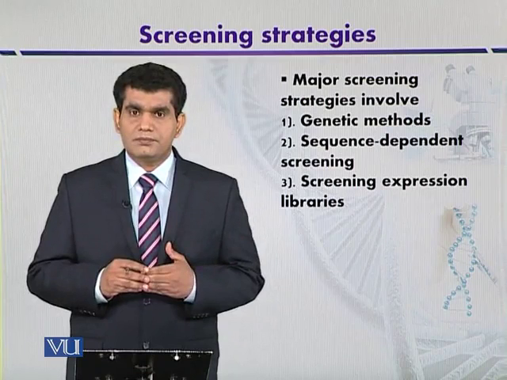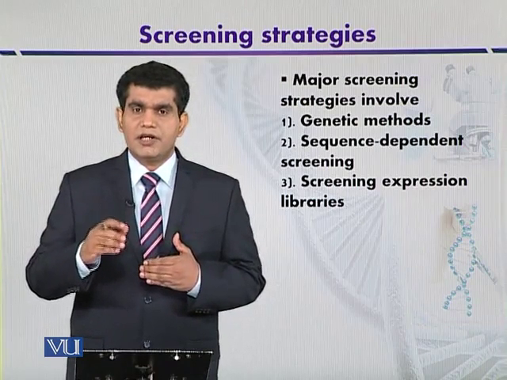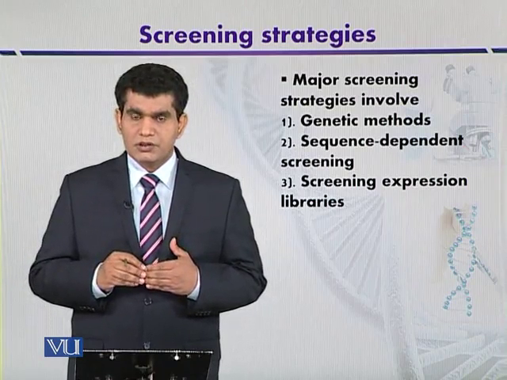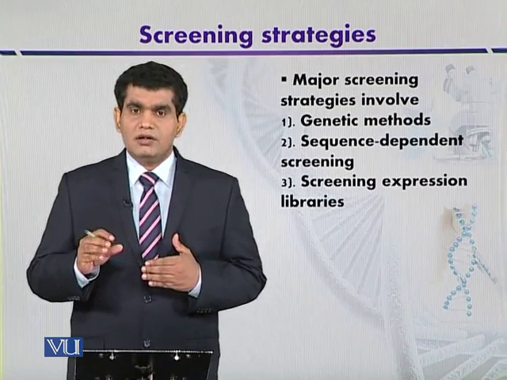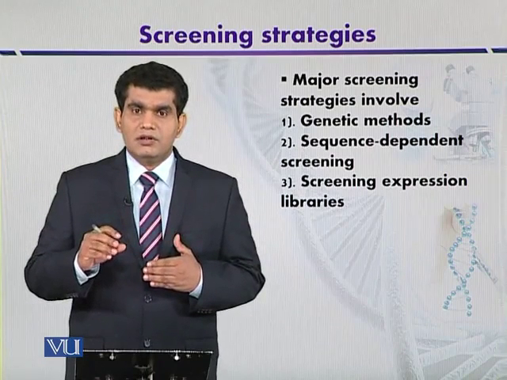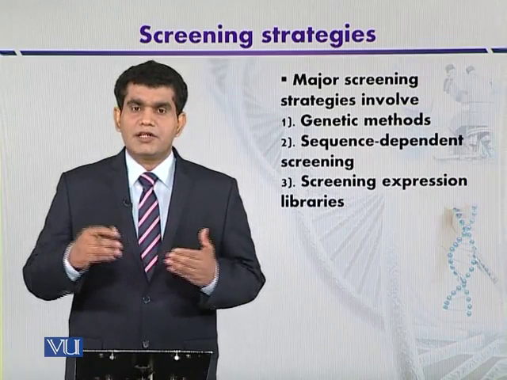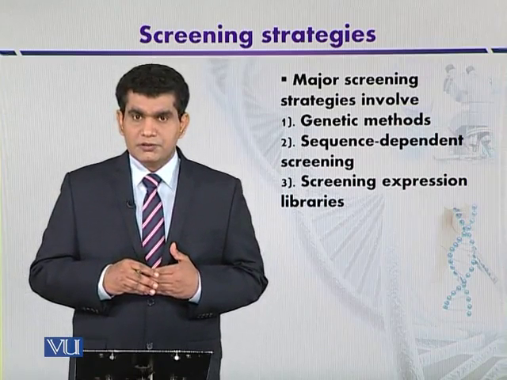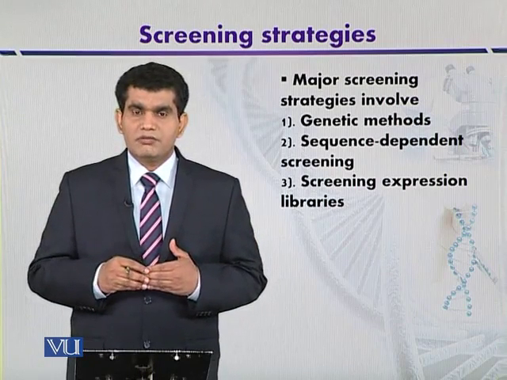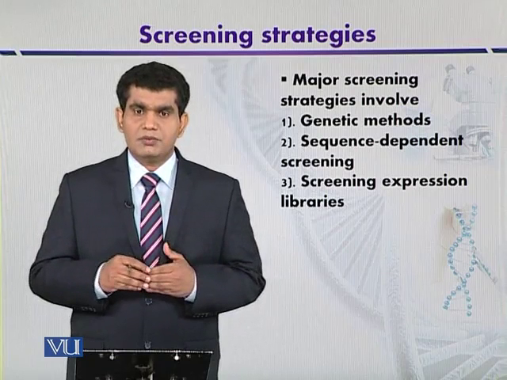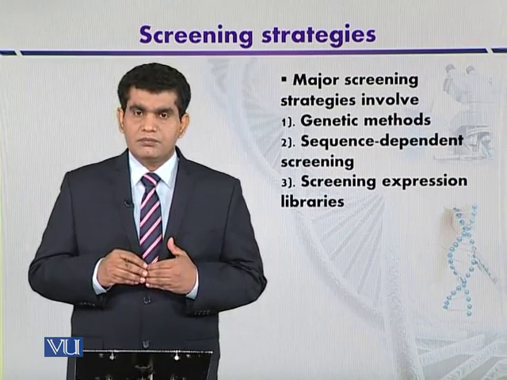For example, antibodies that are specific for that expressed protein can be used. Antibodies are highly specific in their reaction, and they can react with a particular target protein. So antibodies can be used to detect the expressed proteins. On the other hand, the biological function of the protein can be assayed by using a suitable biological system.